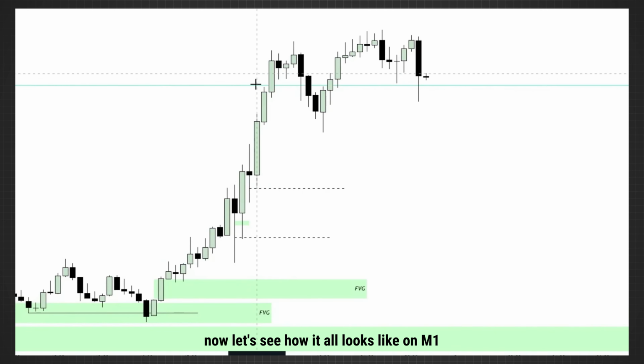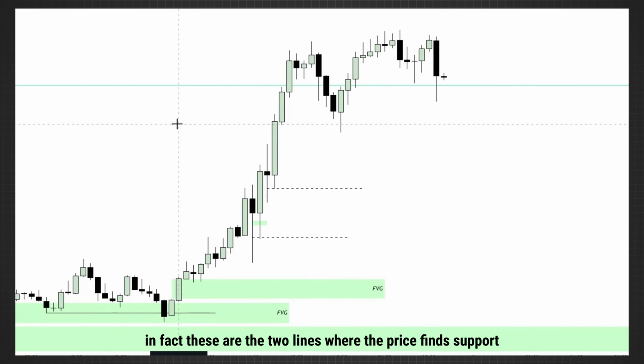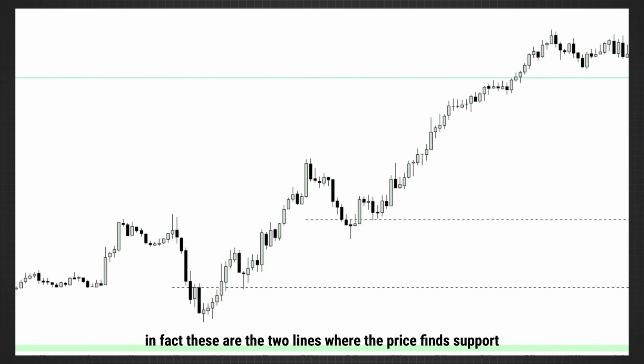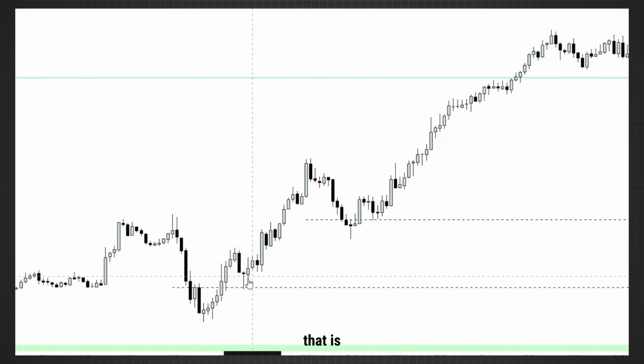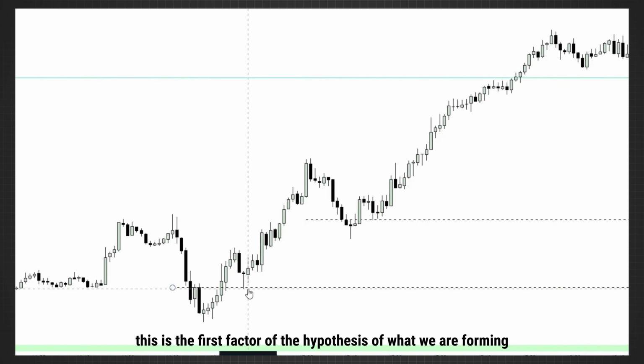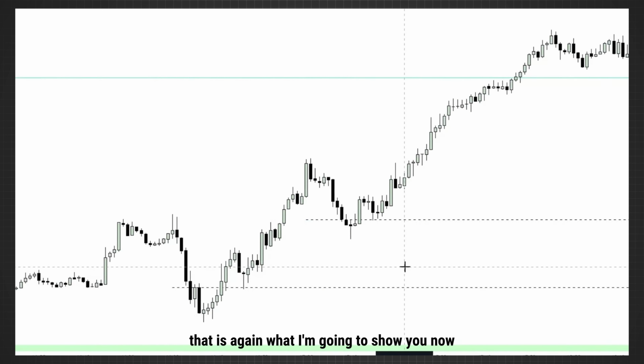Now let's see how it all looks on M1. In fact, these are the 2 lines where the price finds support. That is, this is the first factor of the hypothesis we are forming. Again, what I'm going to show you now: you can't just jump on the chart and try to find order blocks and order flow everywhere.